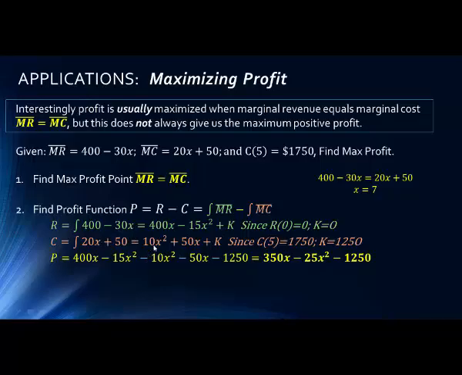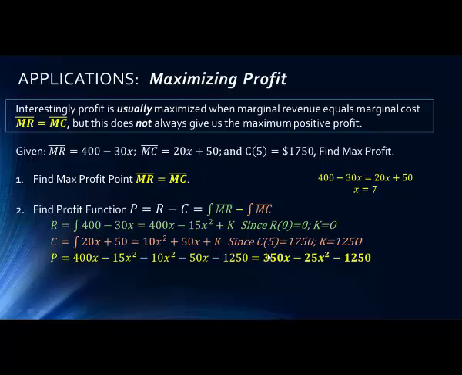People will put minus 10x squared, and then they'll do plus 50x plus the 1250, which is the k. Remember, this is minus the cost function. So you would minus this whole function in parentheses and then distribute the negative. So each one changes sign, and that's what we see here. And this simplifies to this formula here, 350x minus 25x squared minus 1250.